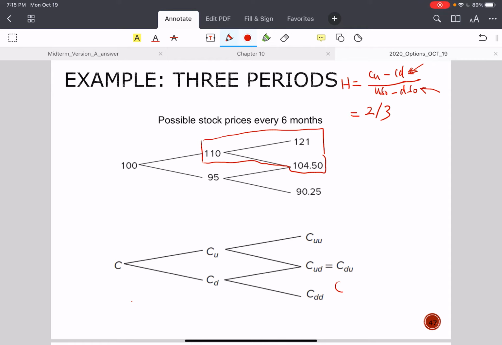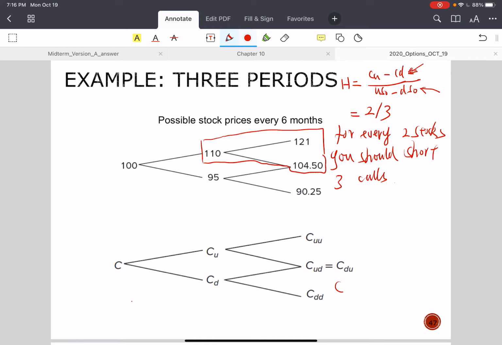That is, hedge ratio is the change in call value divided by the change in stock value. This basically means if you want to hedge, then for every 2 stocks, you should short 3 calls, right?